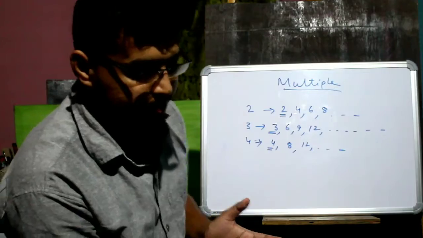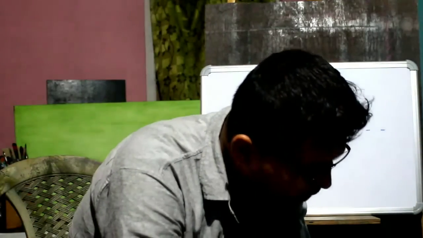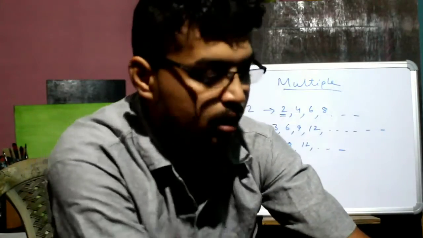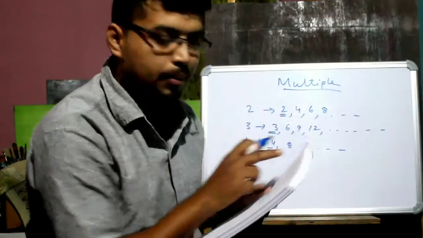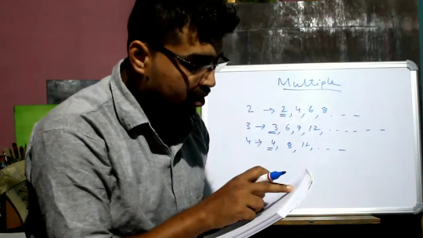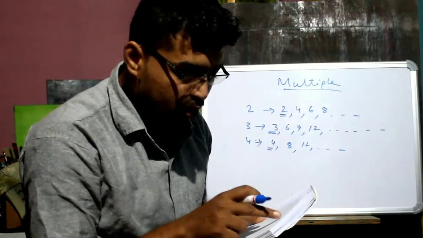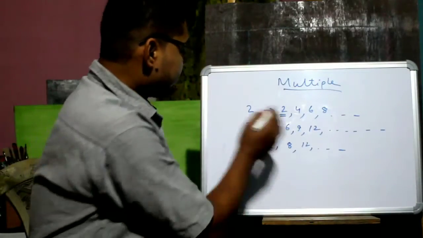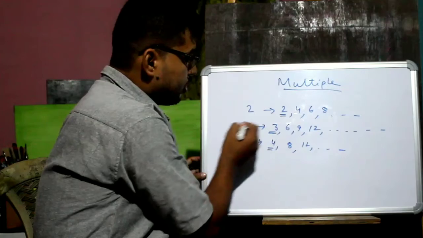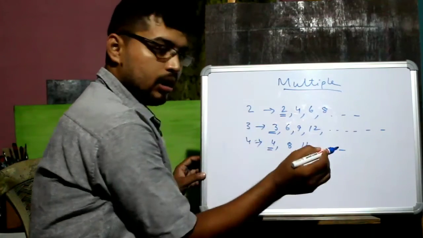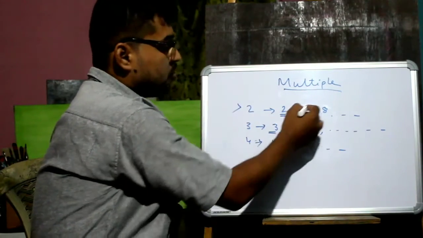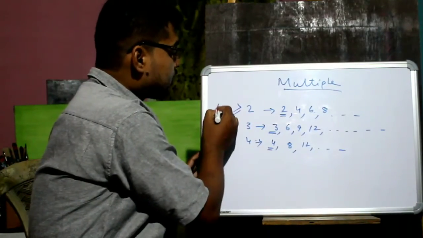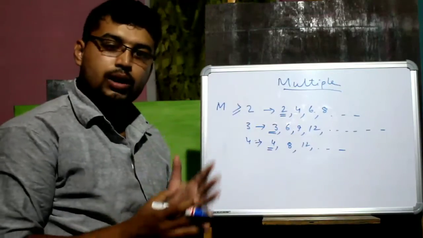Next, every number is a multiple of itself. Property number 2: every multiple of a number is greater than or equal to the number. For 2, the first multiple is equal, and 4, 6, 8 are greater. For 3, 6, 9 and 12 are greater than 3, and 3 is equal. For 4, the first is equal, 8 and 12 are greater. So every multiple is greater than or equal to the number.